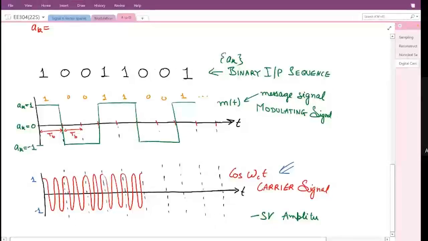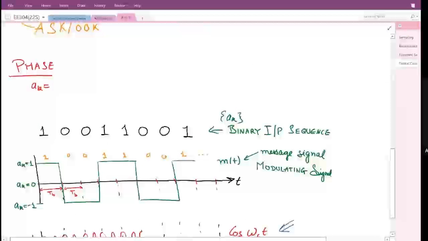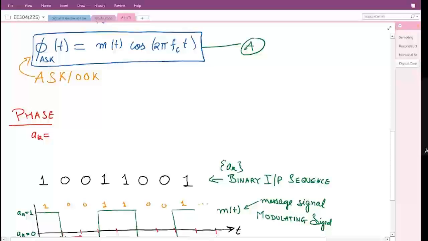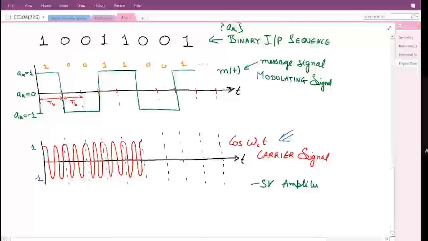If I use this pulse, then what will happen in the same ASK modulated signal? Now if I say MT is like this, then what can we say?